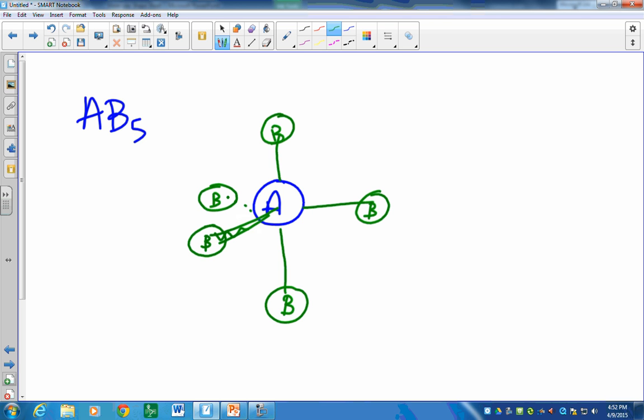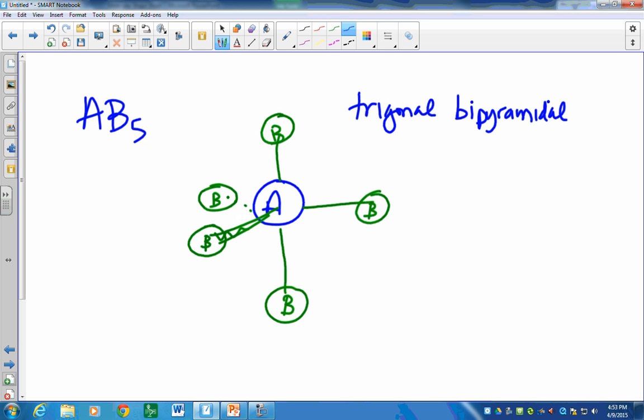And so there's your 1, 2, 3, 4, 5. And this shape is called trigonal bipyramidal, because you have this trigonal around the equator, and then you have the top pyramid and the bottom pyramid.